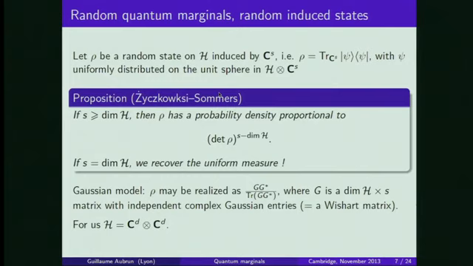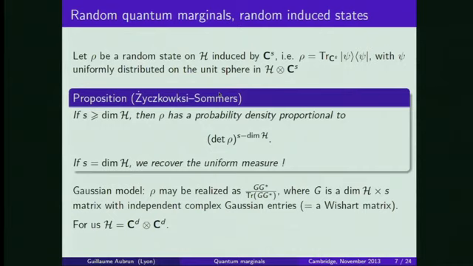And second, you see that the determinant function is maximal when rho has all equal eigenvalues. So you see that when S increases, this measure tends to be more and more peaked towards the identity over N. But this precise formula won't play such a big role in our proof.